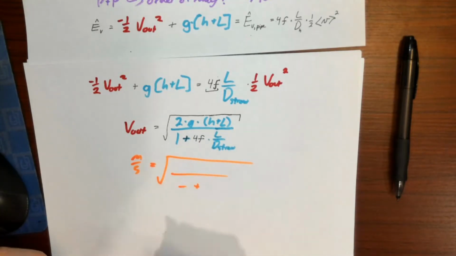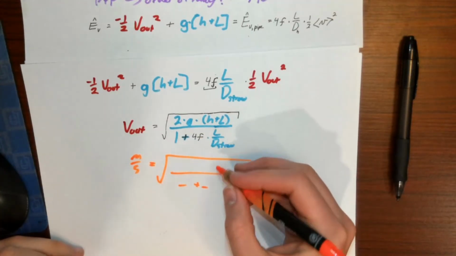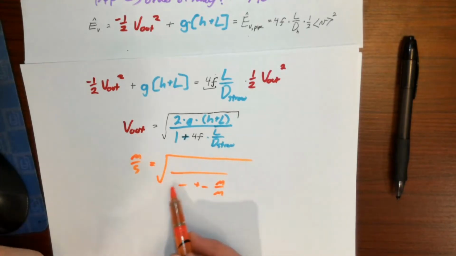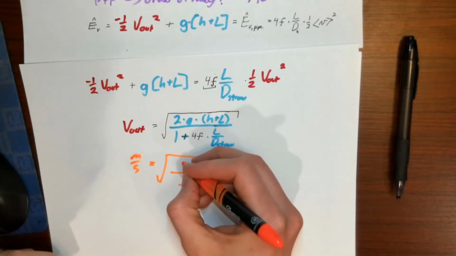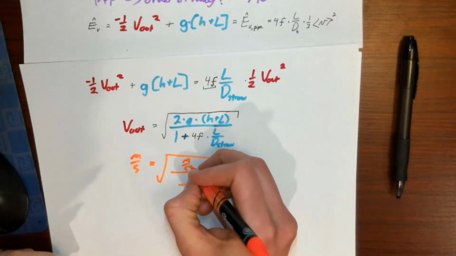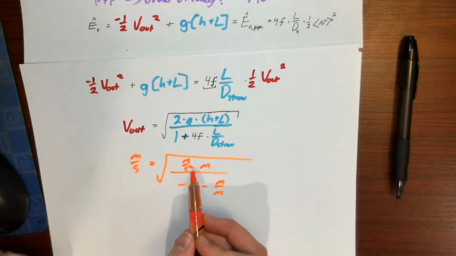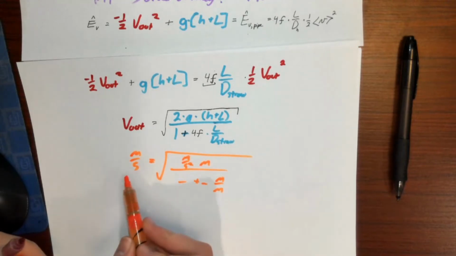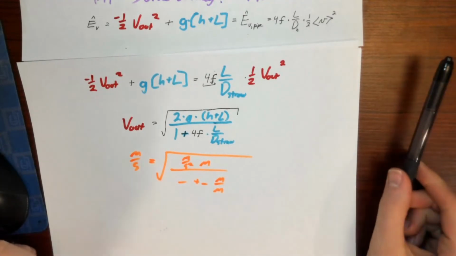So 1 is dimensionless, F is dimensionless, and then L over D, we have meters over meters. So the denominator is entirely dimensionless as well. The numerator, we have 2G, G is meters per second squared, and H plus L would have units of meters. So we basically get meters per second squared times meters, so that's meters squared per second squared. When we take the square root of it, we end up with meters per second. So the units check out.